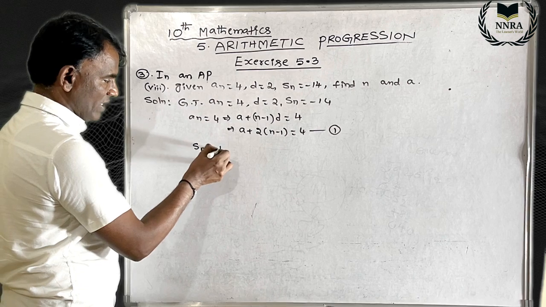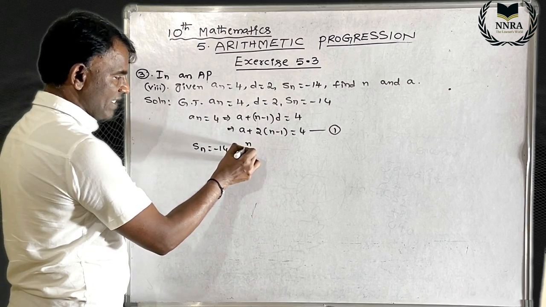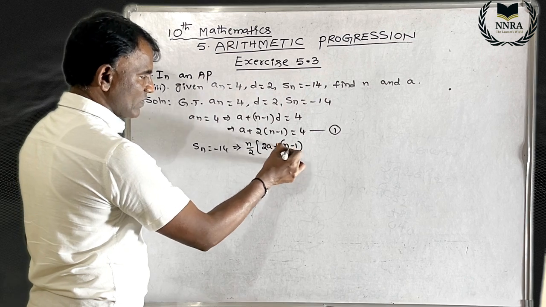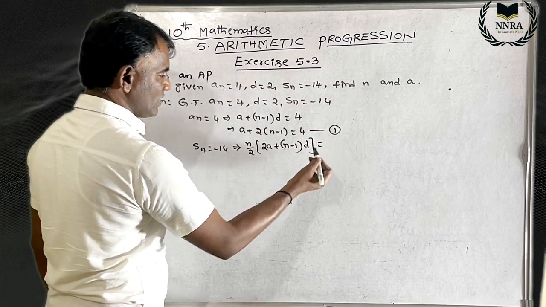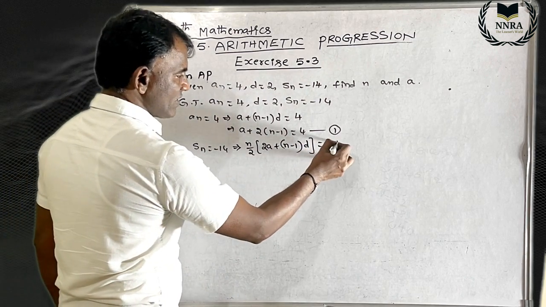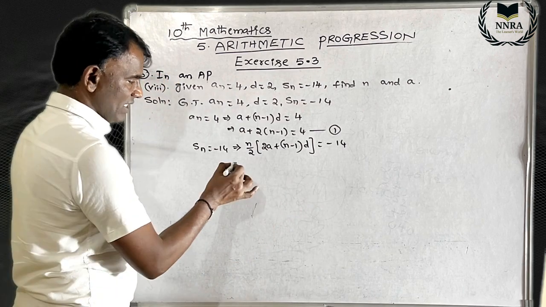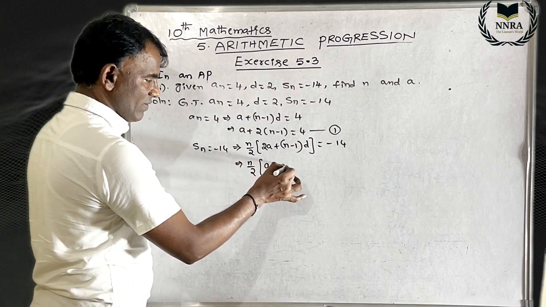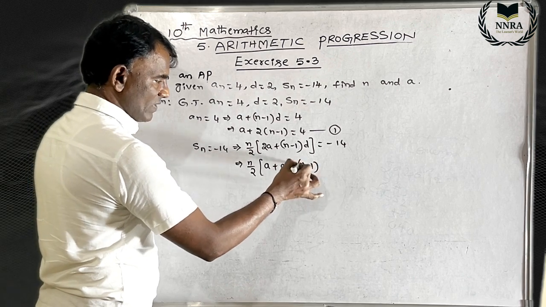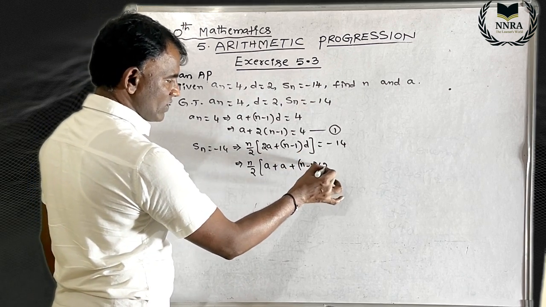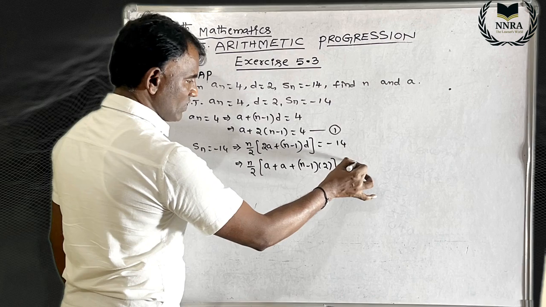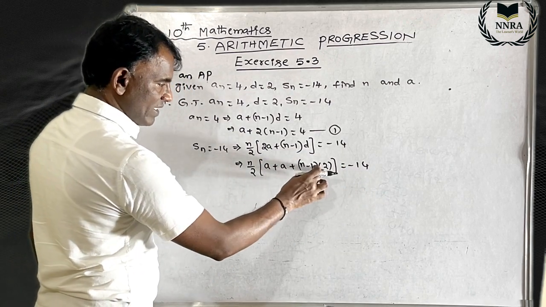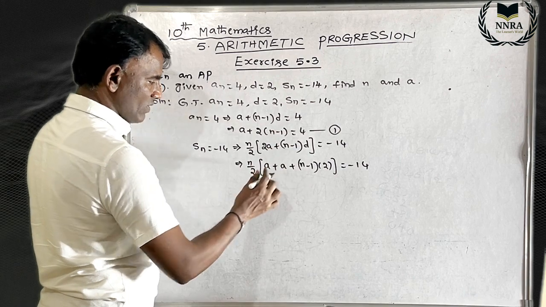And again I am taking the Sn value. Sn equal to minus 14. So Sn formula: n by 2 into 2a plus n minus 1 into d, and it is equal to minus 14. Now n by 2, and 2a can be written as a plus a, and n minus 1 into d, what is d, that is 2, equal to minus 14. And here a plus n minus 1 into 2 is equal to 4.